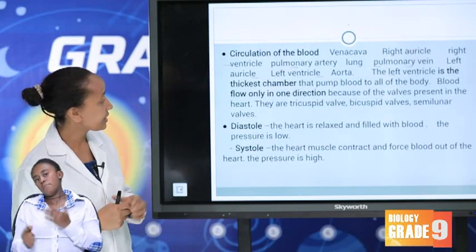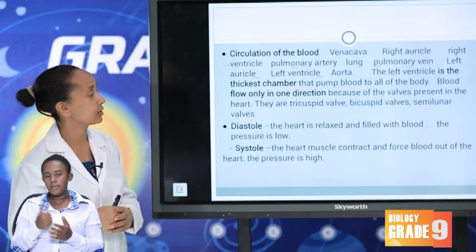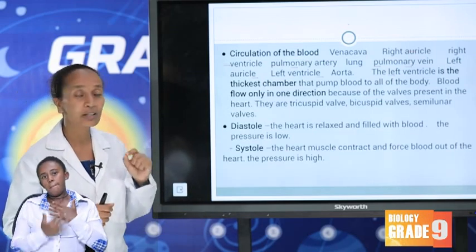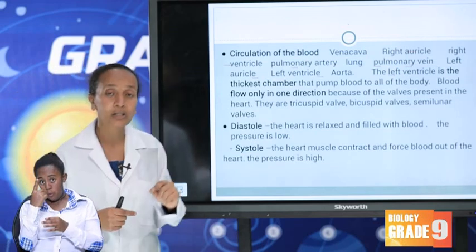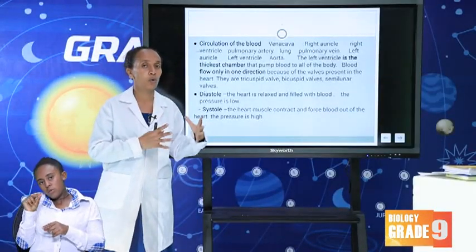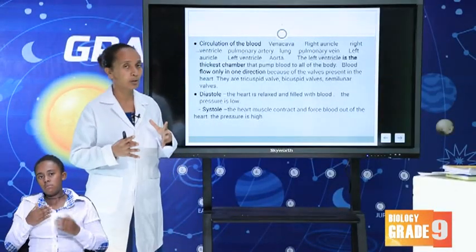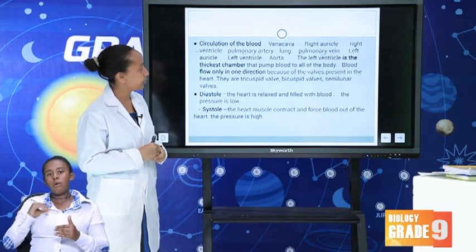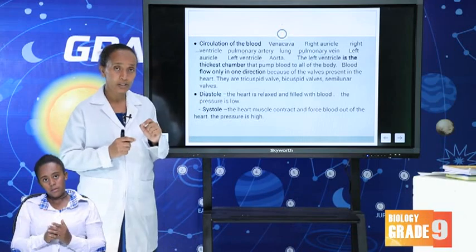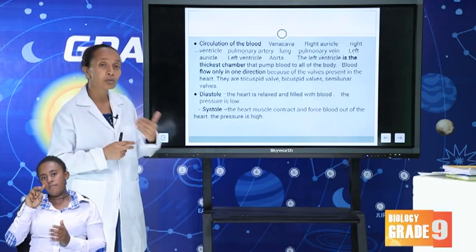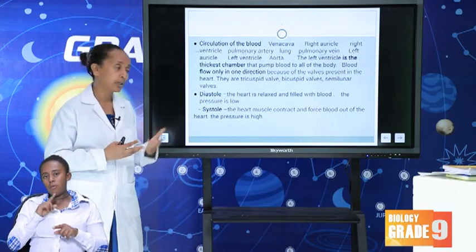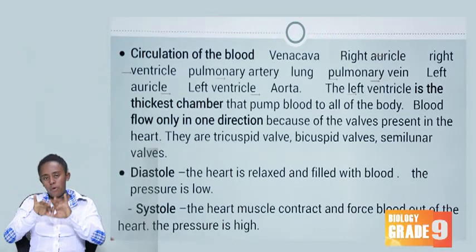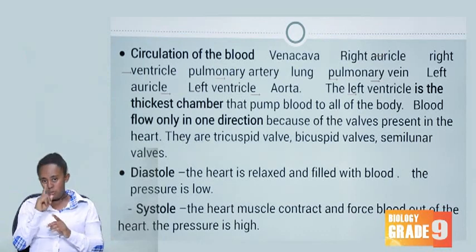And the other point in this circulation that you have to remember is that blood flows only in one direction. That means there is no backflow of blood in our circulatory system. This is because in our heart there are valves that prevent backflow of blood, or in other words, these valves are important to allow blood to move in one direction.